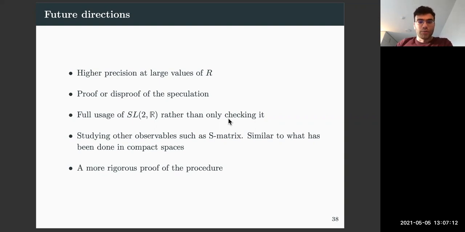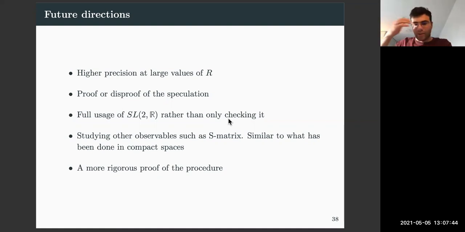Another thing is the proof or disproof of the speculation that we just talked about. Another thing can be to use SL2R rather than just checking it. So we were checking here whether it is recovered or not, but we could implement it so that it manifestly is SL2R, and then construct our Hamiltonian truncation based on, for example, the states that are primaries and descendants, which are annihilated by K.